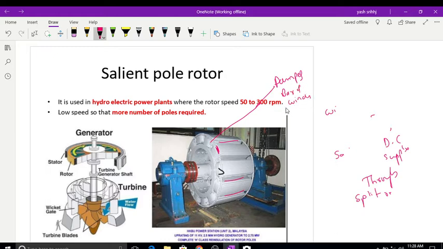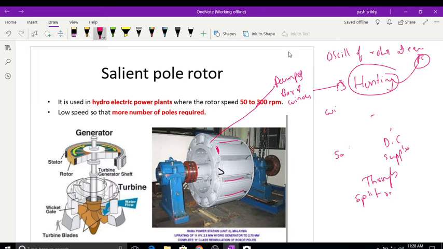Damper winding is specially used to prevent hunting. I will explain this hunting later. Hunting is defined as oscillation of the rotor about its equilibrium position. So that is nothing but hunting. I will explain that later.